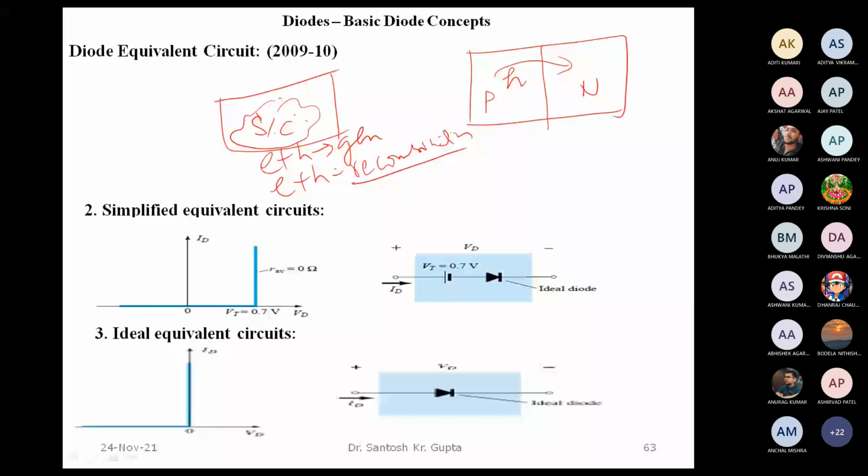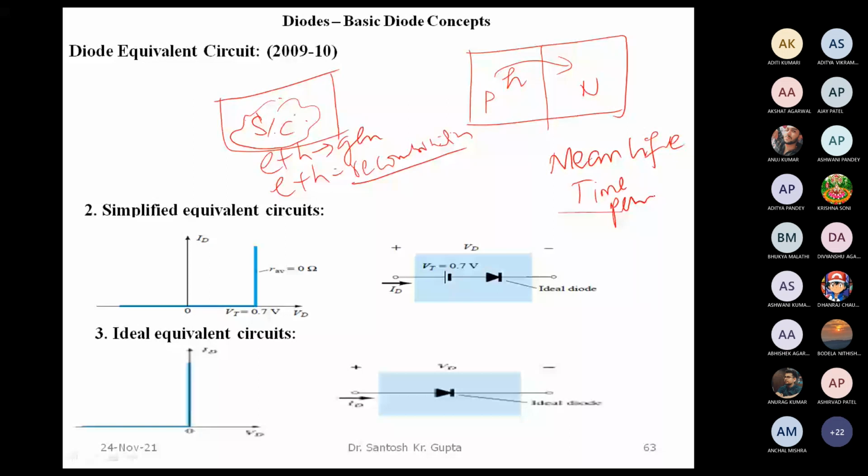Few carriers are there and they move here and there, and with some probability they will find these locations, recombine and disappear. So the duration between the generation and recombination of these electrons we call lifetime. That's why we are not talking about the absolute lifetime of these carriers, but rather the mean lifetime period.